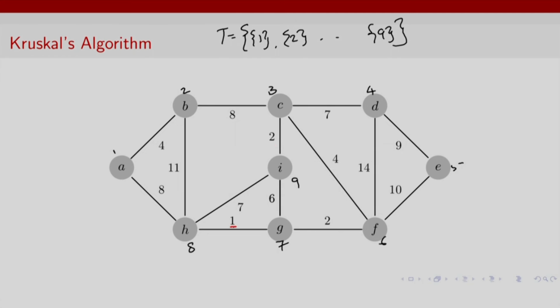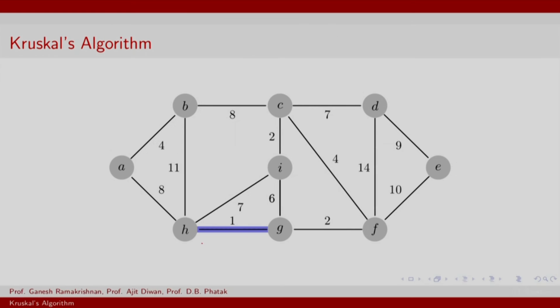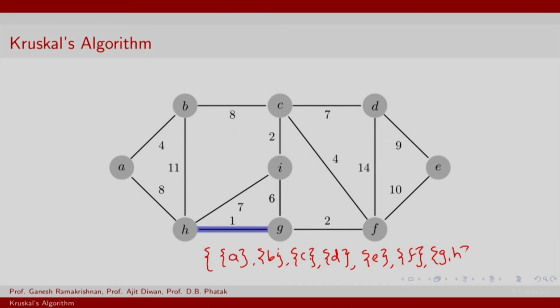So the first weight we will come across is, beg your pardon, it is between H and G, has weight 1. So we are going to add that, which will lead to the merging of H and G. So now we have fewer trees and we are going to keep track of this, H comma G, of course maintaining the sorted order.